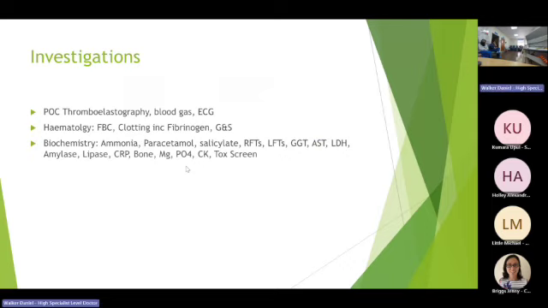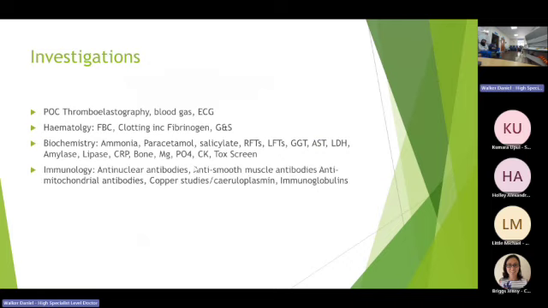All of these things can potentially be affected by acute liver failure or point to acute liver failure, or an alternative diagnosis. And tox screen, particularly important to do. In terms of things like Wilson's disease or autoimmune hepatitis, these would be recommended immunological tests.